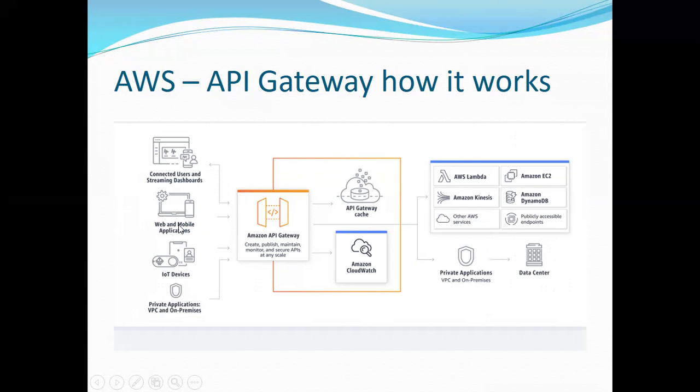So about the other applications, a web application can use API Gateway, a mobile application can use API Gateway, IoT devices can use API Gateway, and private applications within a VPC and on-premises can use API Gateway. So these private applications use API Gateway to get or process information. So imagine, basically this is a door to the AWS cloud services.